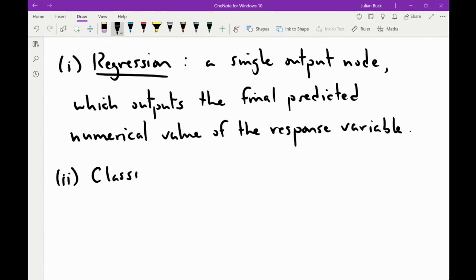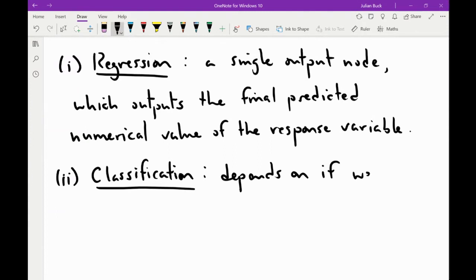Okay, so for classification, as already observed above, it depends on whether we are doing binary or multinomial classification.